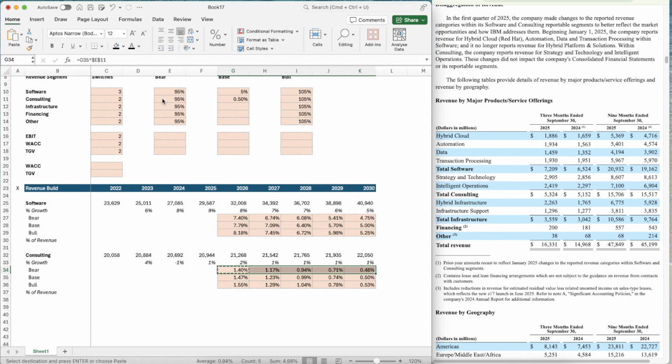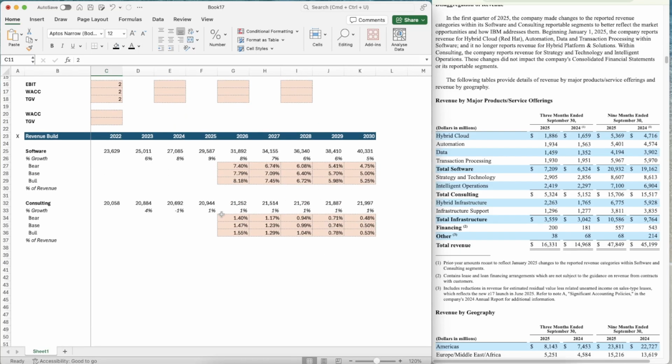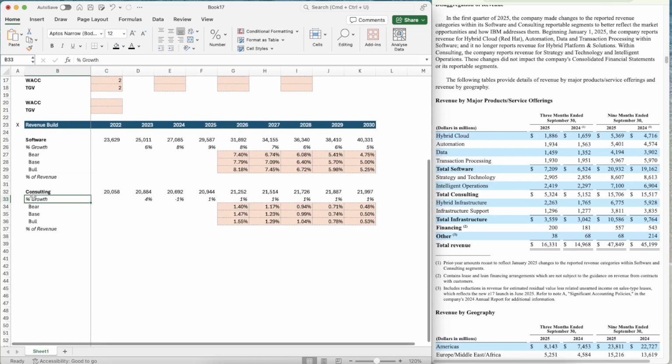Pull it across. Do the same with the bull case. Pull it across. Do the same for the switch. There we go. Yeah, it looks like we've got it right.